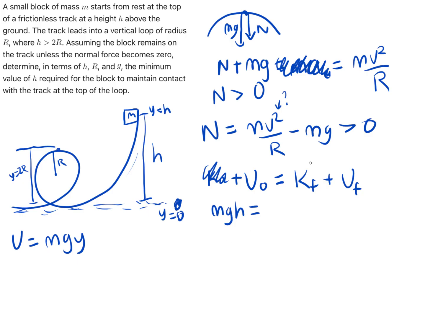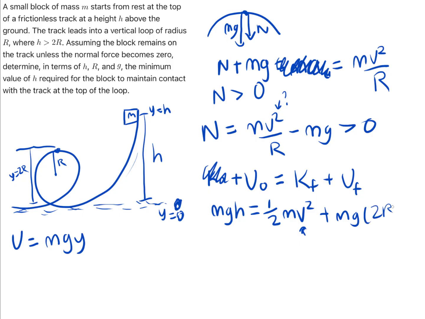And we can set that equal to the final kinetic energy, which is unknown and has a general formula given by 1/2 mv squared, where this v is the same thing as the v over here. And we also have the gravitational potential energy term, which is mg, and in this case y is 2r at the end when the block is over here.